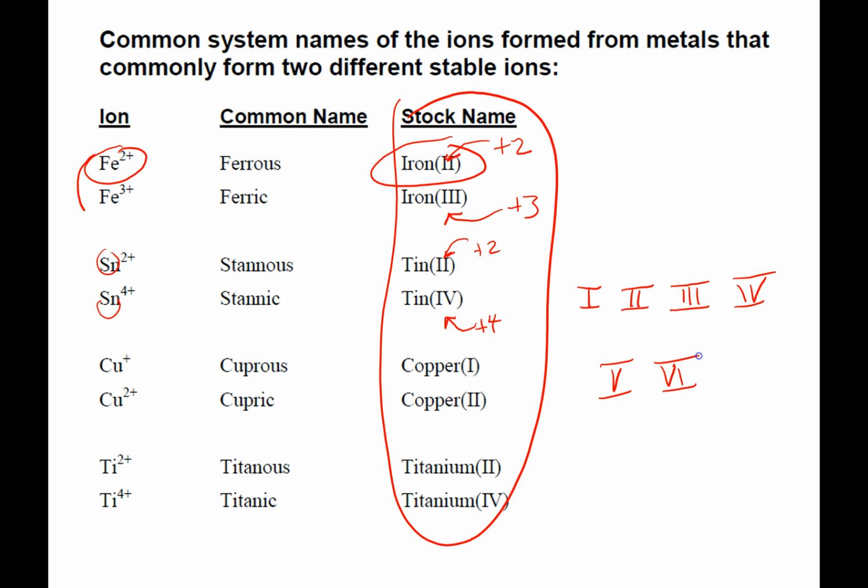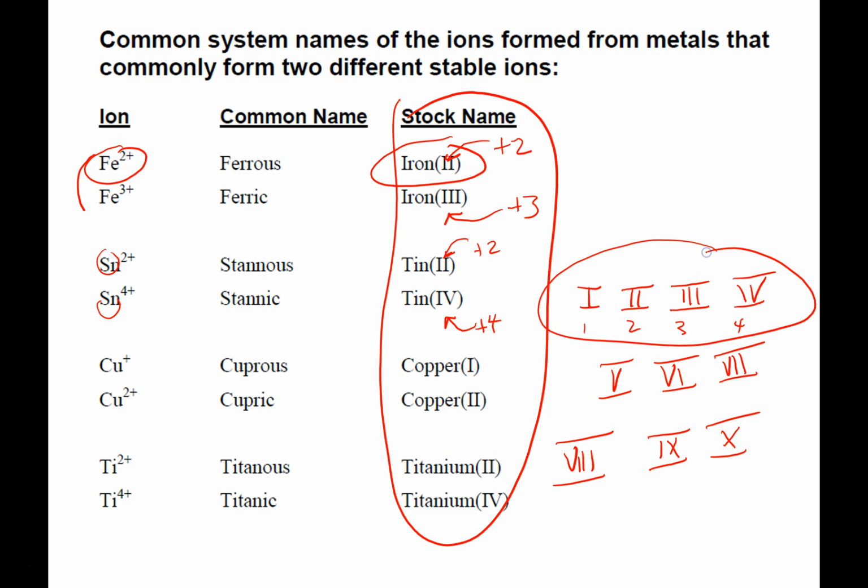VI. Roman numeral 7? VII. Yeah, you're doing good. Roman numeral 8? VIII. Roman numeral 9? IX. Perfect. Roman numeral 10? X. Okay, so probably you're going to want to at least know your Roman numerals 1 through 4.